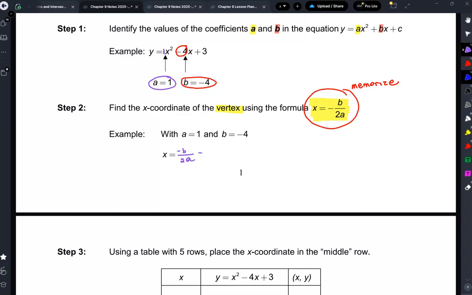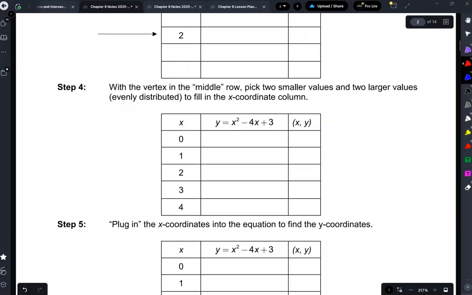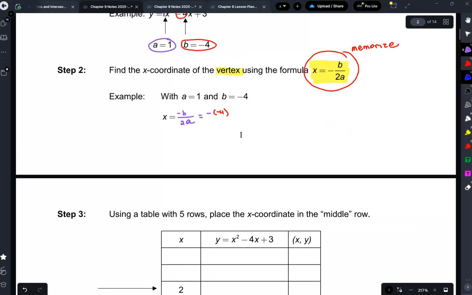Now look, this is equal to negative, what's b? Not 1. Negative 4. Look, negative 4. Do you see that? Over what? Over 2 times 1. Okay, you just plug it in. 2 times a is 1, you plug them in. So finally, this is positive 4 over 2, 2.